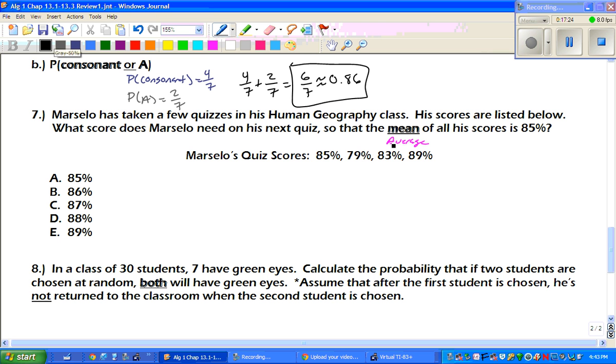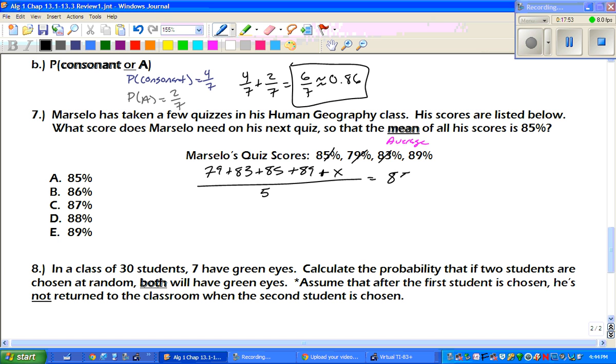So what we would do is we would line these up from lowest to highest. So we got 79 plus 83 plus 85 plus 89. But they want to know his next score, and we really don't know what that is. So I'm just going to say that's X. And now we're not dividing it by 4 because technically there are 5 quizzes here.